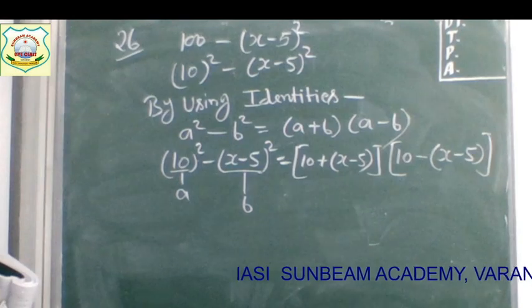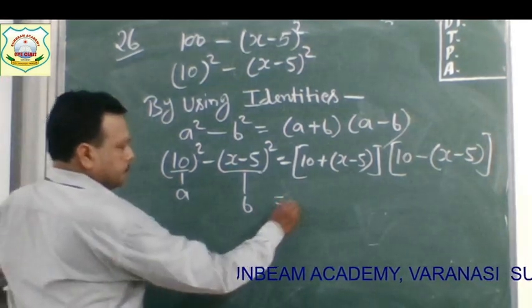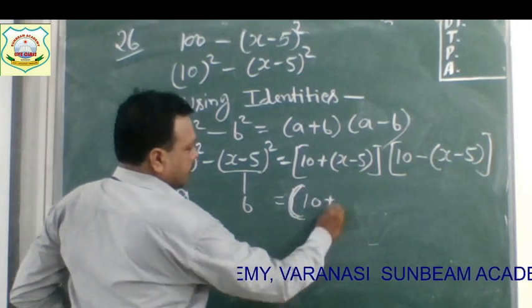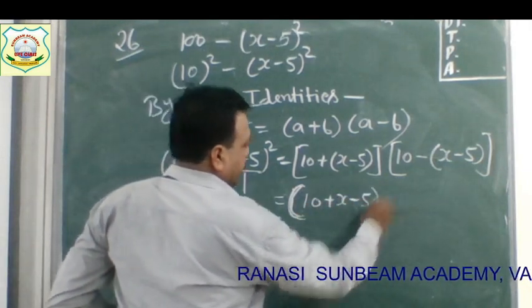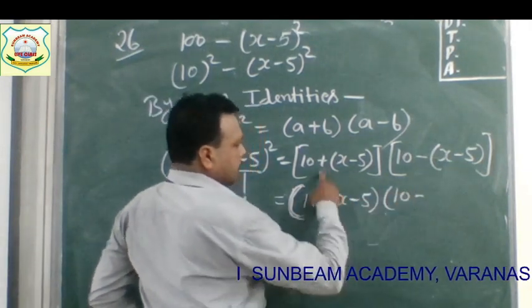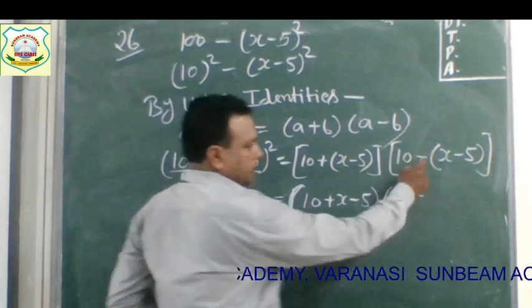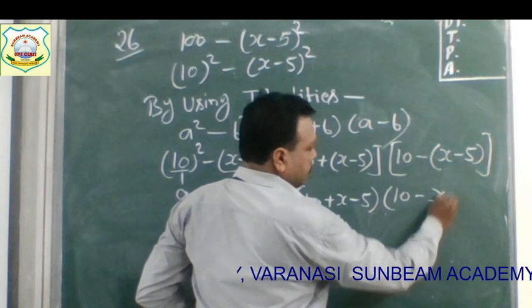Students, here we will open the bracket. Ten plus x minus 5 and ten minus: the sign will not change in the first because this is a plus sign. So we have not changed here, but here we will change: minus x plus 5.